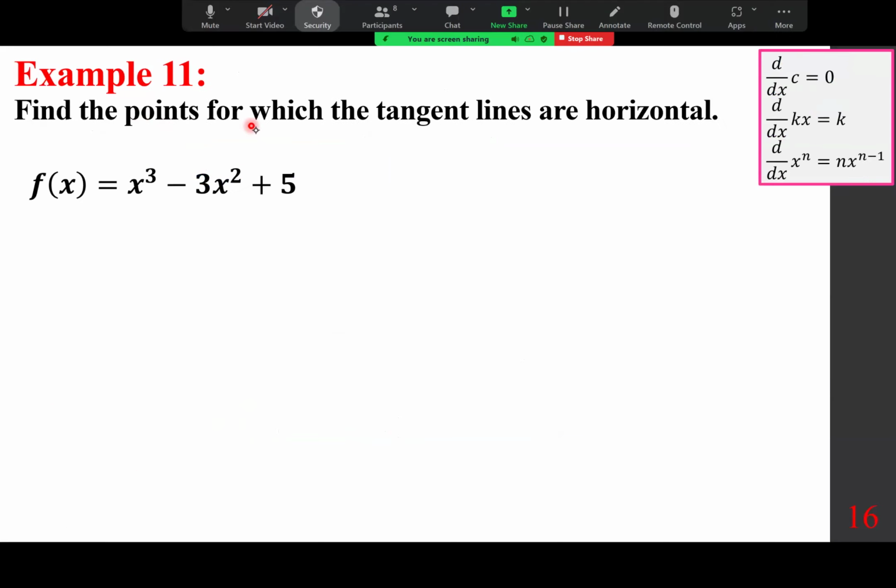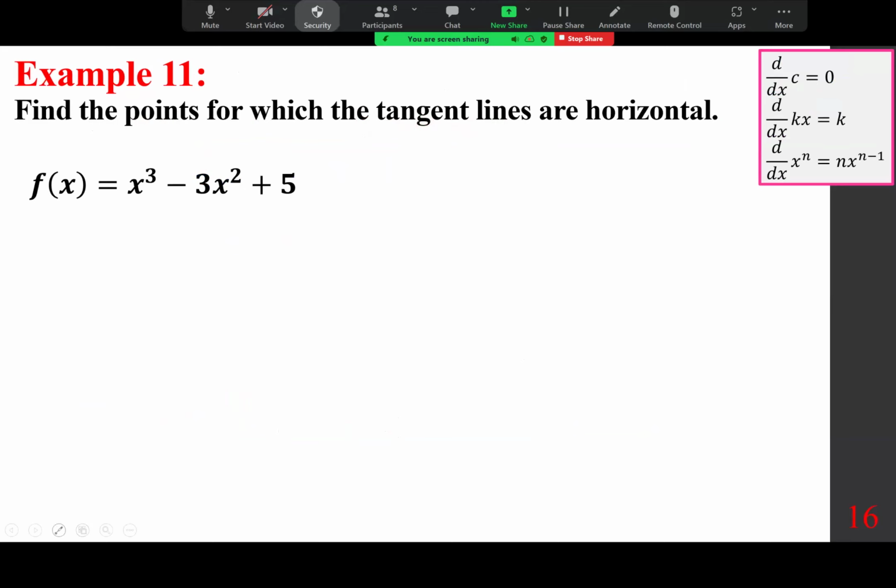Find the points for which the tangent lines are horizontal. Speaking of the tangent line, in order to find the slope of a tangent line, first you have to differentiate.